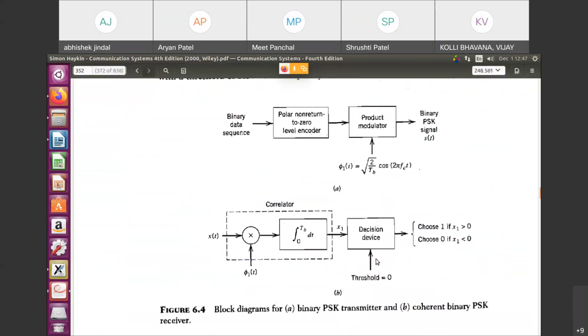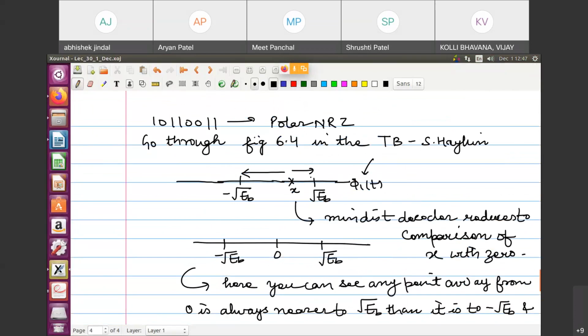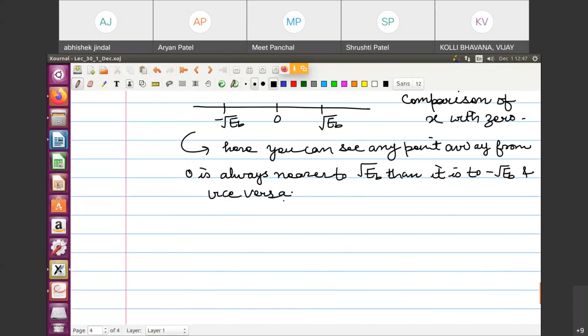This threshold is 0. Now why is this threshold 0? Because if you start working out, let me go back to one of my notes where we found out what the lambda threshold will be. If you substitute the values in lambda threshold as well, you will get 0. Let me do it for you.